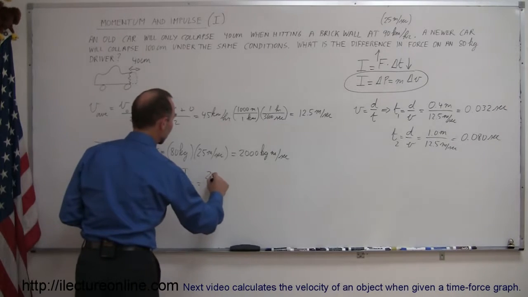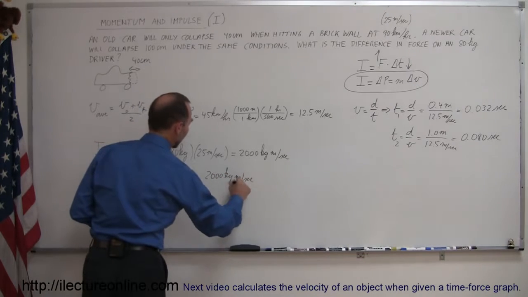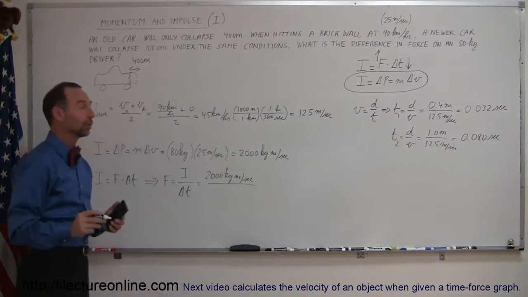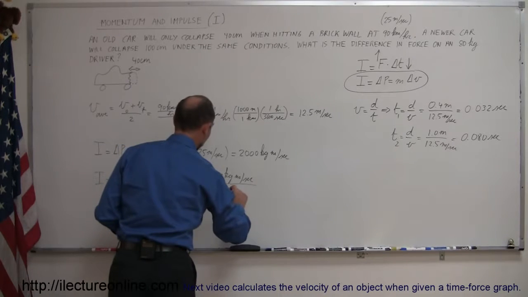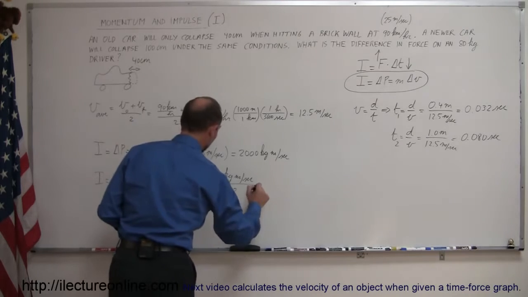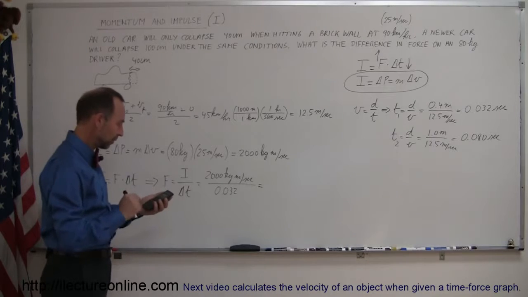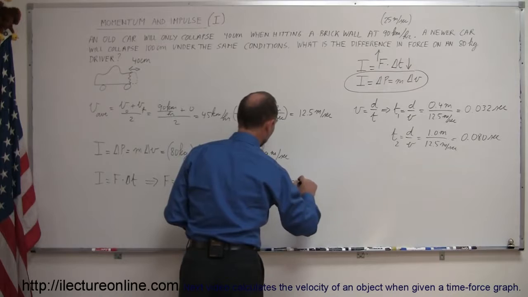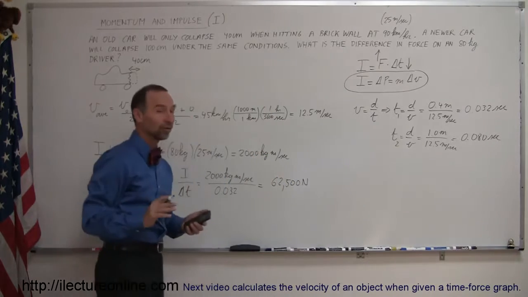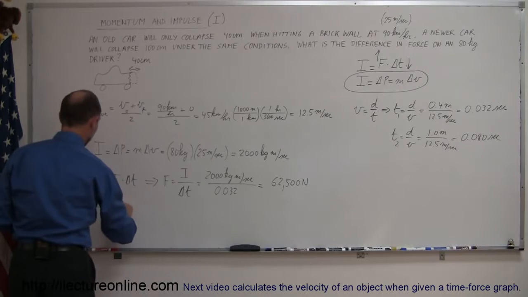Impulse being 2,000 kilogram meters per second, and the time, well, let's do it for the first car, 0.032 seconds. That would be 2,000 divided by 0.032 equals 62,500 newtons of force.